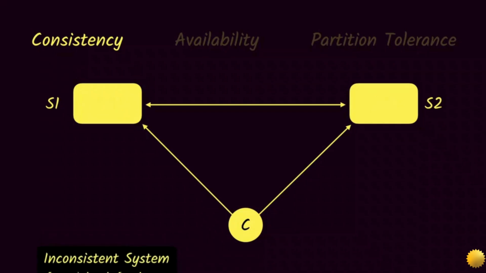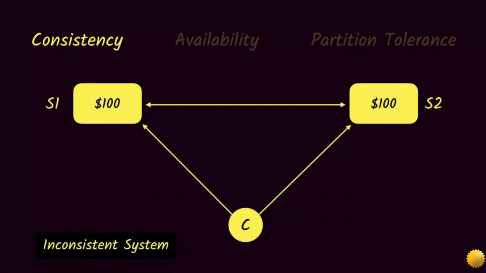Let's take an example of an inconsistent system. I have reverted the amounts on both the servers to be $100 again. Now let's say that the client makes a call to S1 to withdraw $10. So S1 is going to update the balance to be $90. Now let's say that S1 does not notify S2 about the balance change and just acknowledges to the client that the balance has been updated.